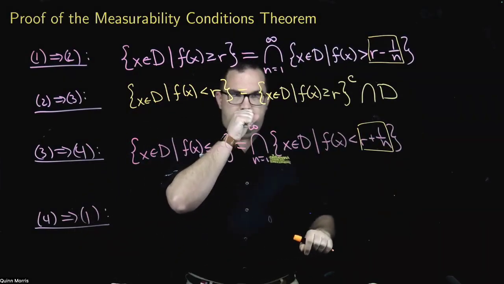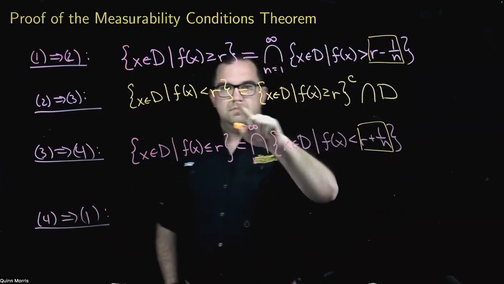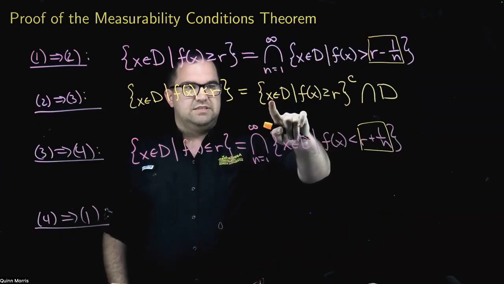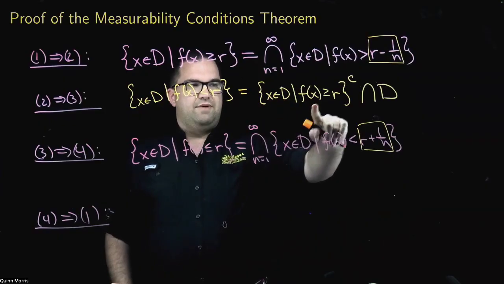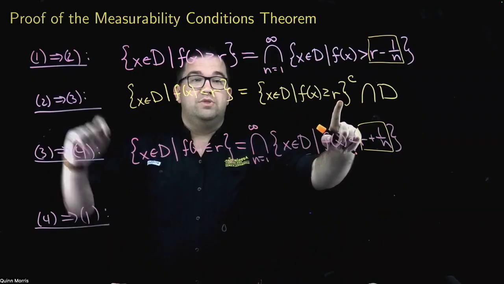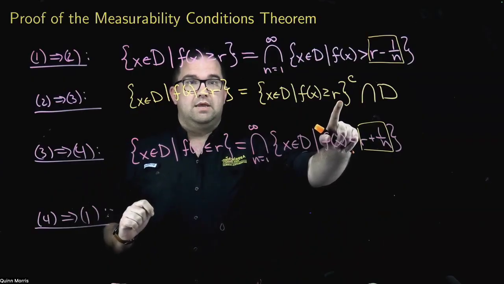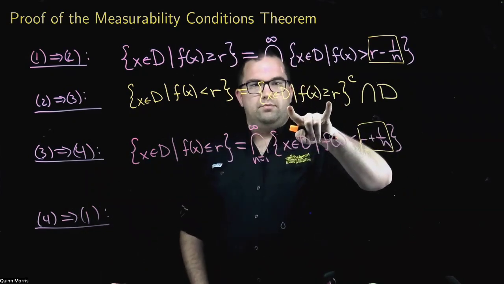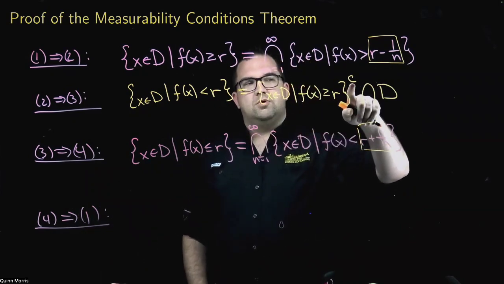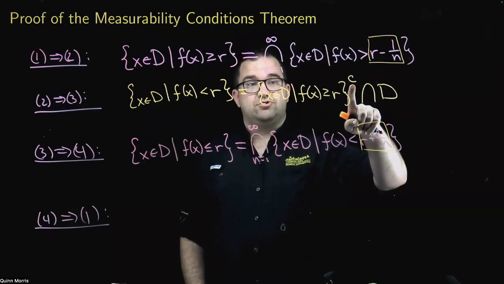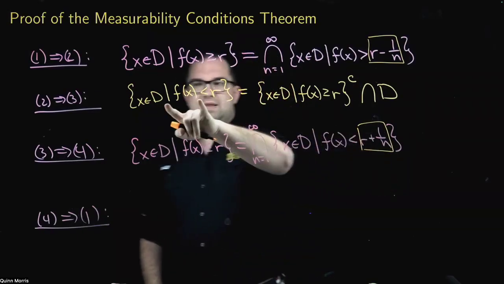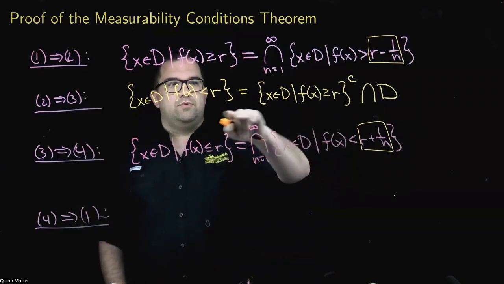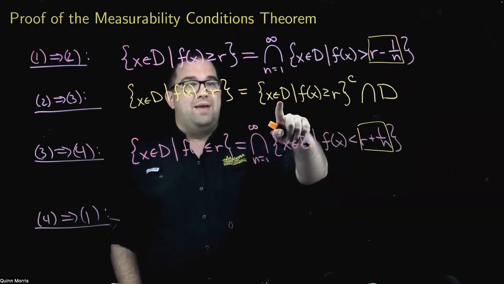So if I take the complement of this set, so this is the set of all x in D such that f of x is greater than or equal to r, by 2, this is measurable. Okay. Now, this is measurable, so its complement is also measurable. But its complement is not exactly this set because the complement of this set also includes things that are not in the domain.